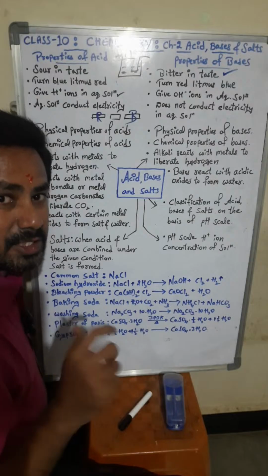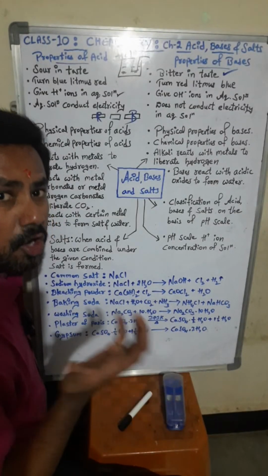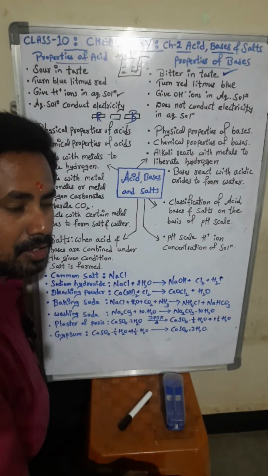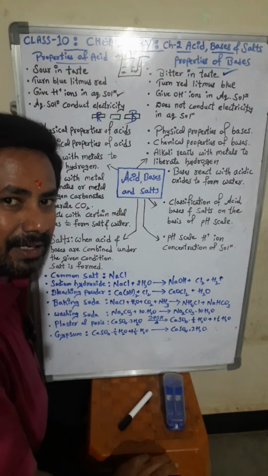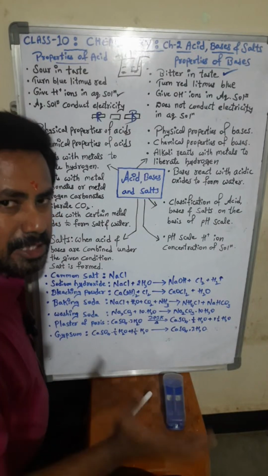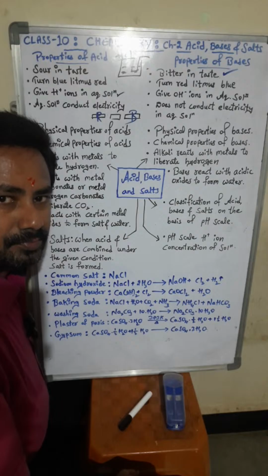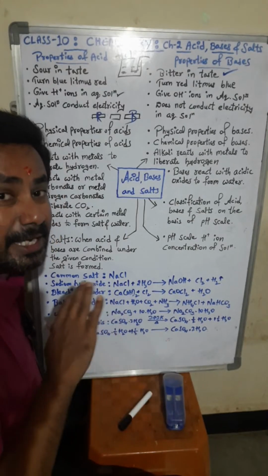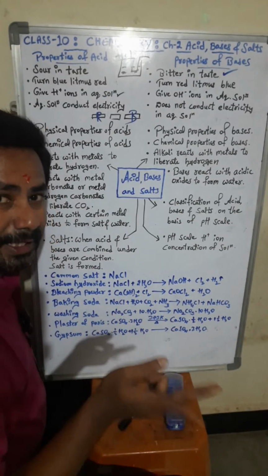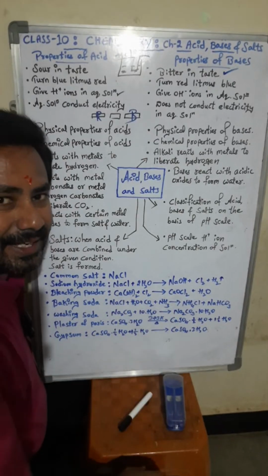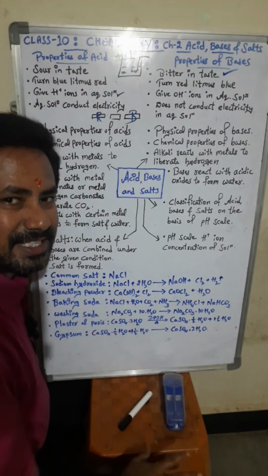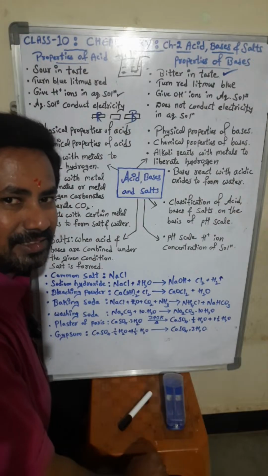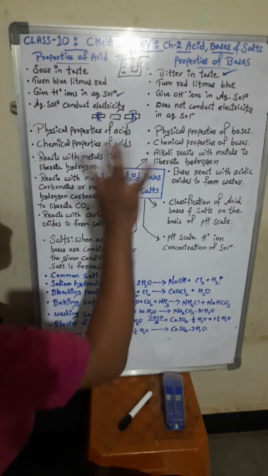By doing this experiment, what can we conclude? क्या समझ में आता है हम लोगों को? So the given substance is neutral, students. If both litmus papers are not changing their color, the given substance is neutral. Is it clear?